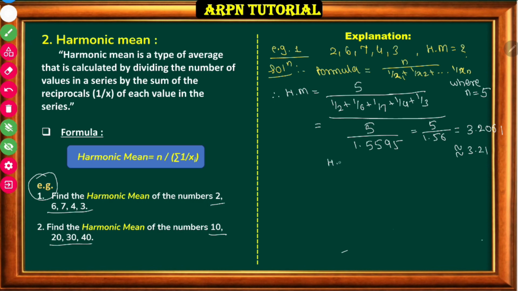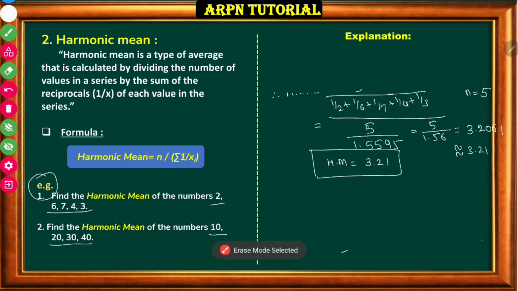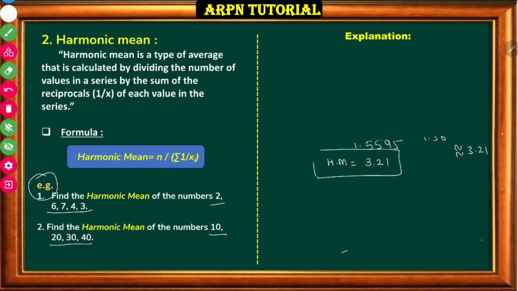So HM for this is 3.21. Okay, this is example number 1. If you want to take down a note of it, you can do it. Now let's see the second example. Let me quickly erase it.